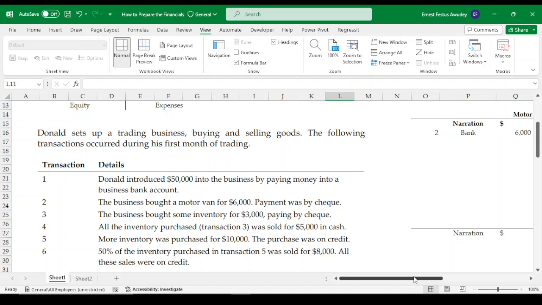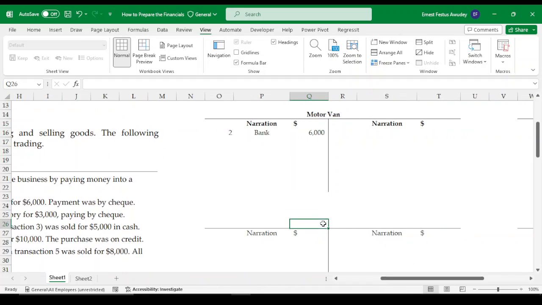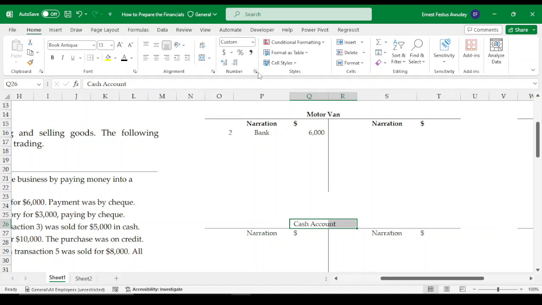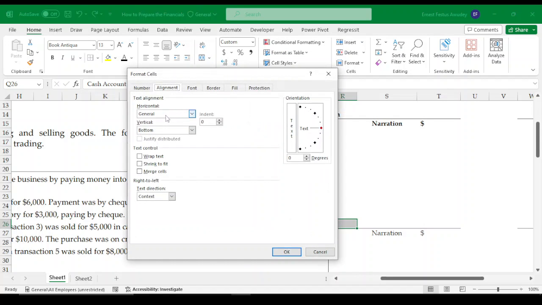So I'm going to open a new account here called cash account. So I have my cash account there. Then I'm going to my home tab, and then I'm going to merge and center that. So I'll just come here, horizontal, center across, and hit OK.